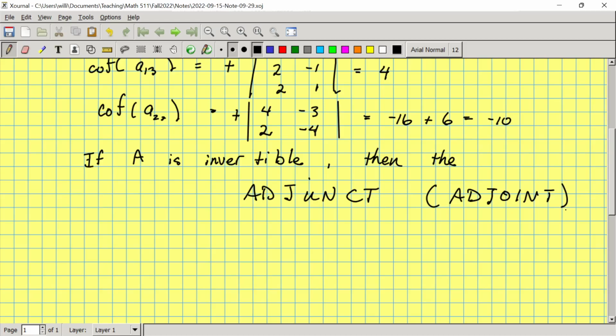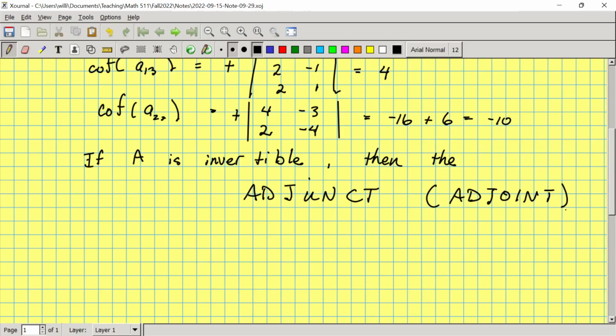What does this textbook call it? Adjoint or adjunct? Just go to the back of the book and look at the glossary. It's 3-1, actually. Adjoint.